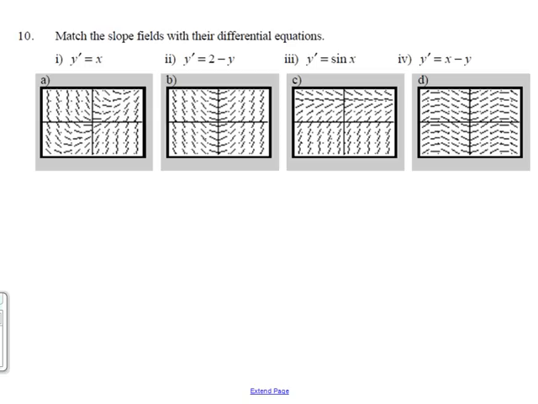All right, so now let's think about how, can we match a differential equation to its graph? Well, let's start off with this easiest one to think about. I think is y prime equals sine of x. So we know that that has to be d because that's the only one that's looking trigonometric. And then if we look over, let's look at this first one.